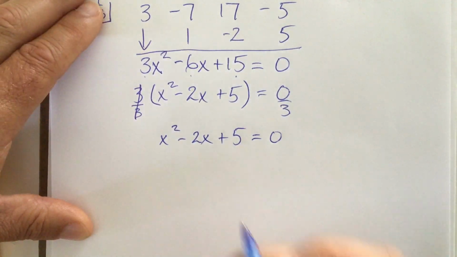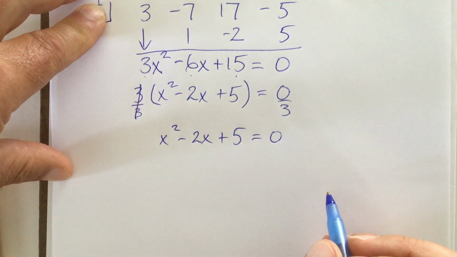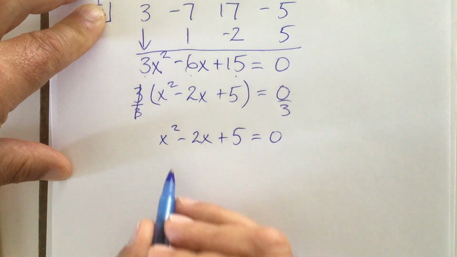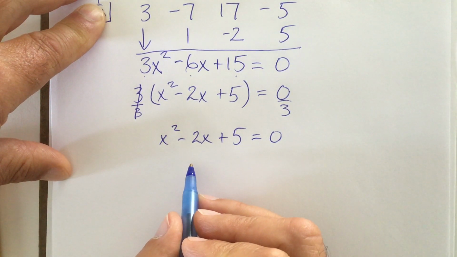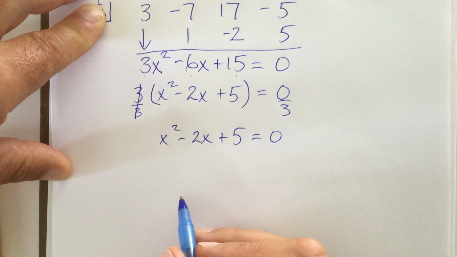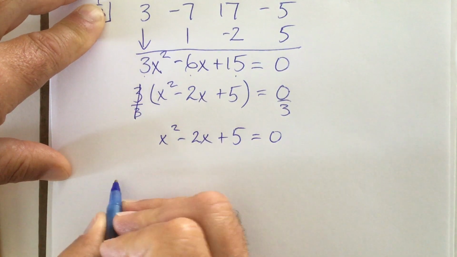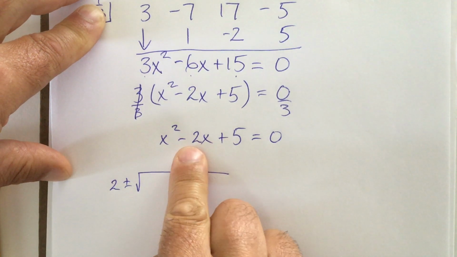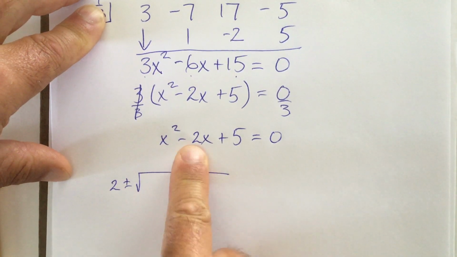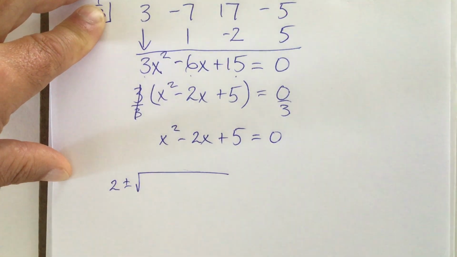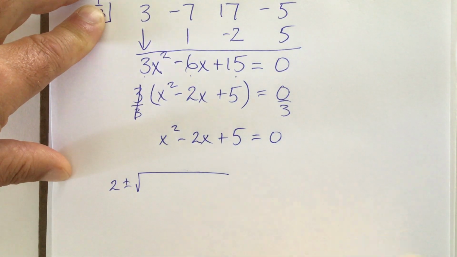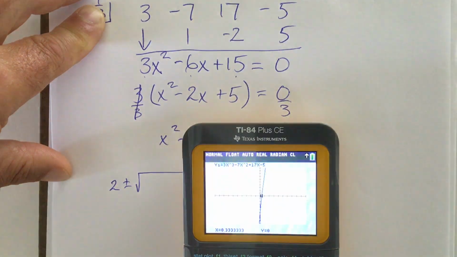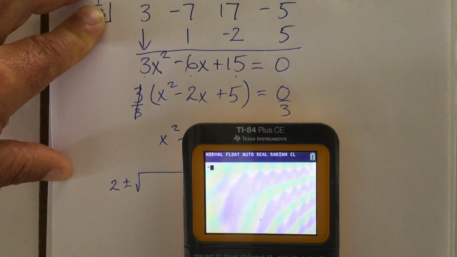Now, here's the thing, though. I wanted to show you this. When you use quadratic formula, negative b plus or minus square root of, be careful, b squared, -2 squared, means -2 times -2, which I know is 4. But be careful on your calculator. I'm going to quit the screen here. Watch this. -2.